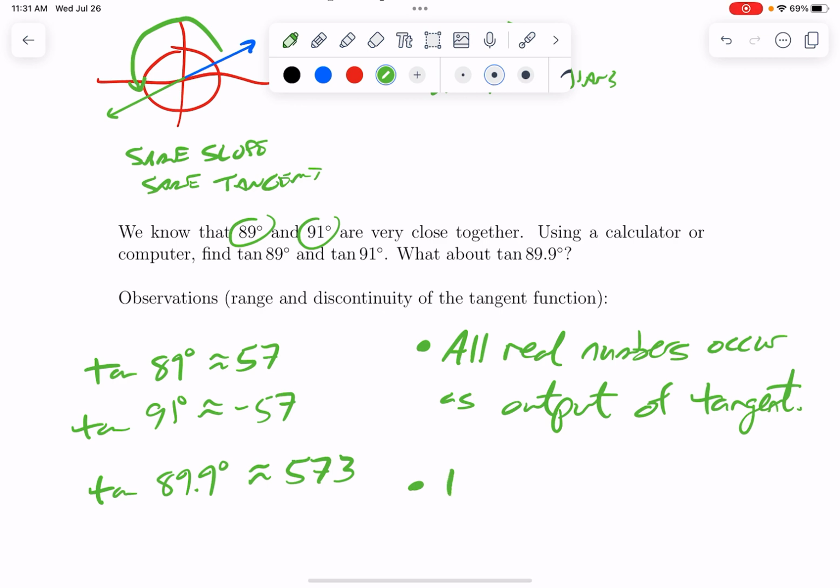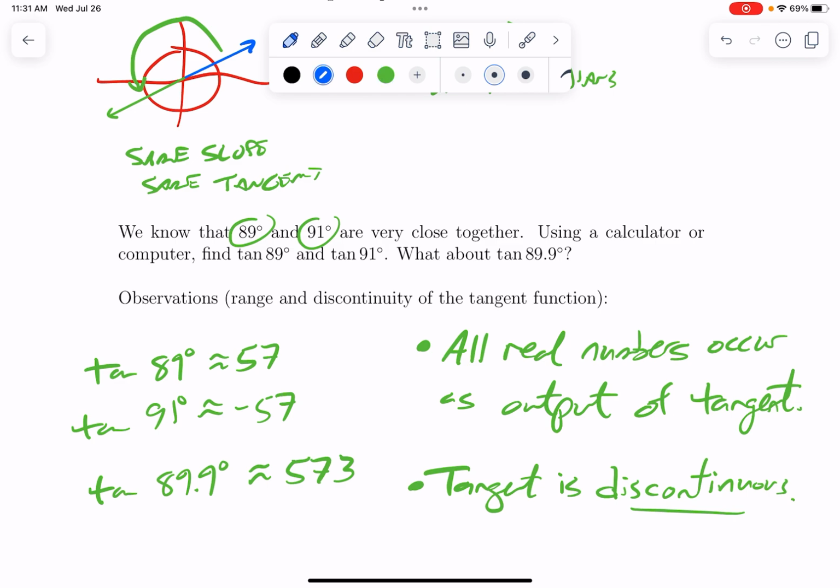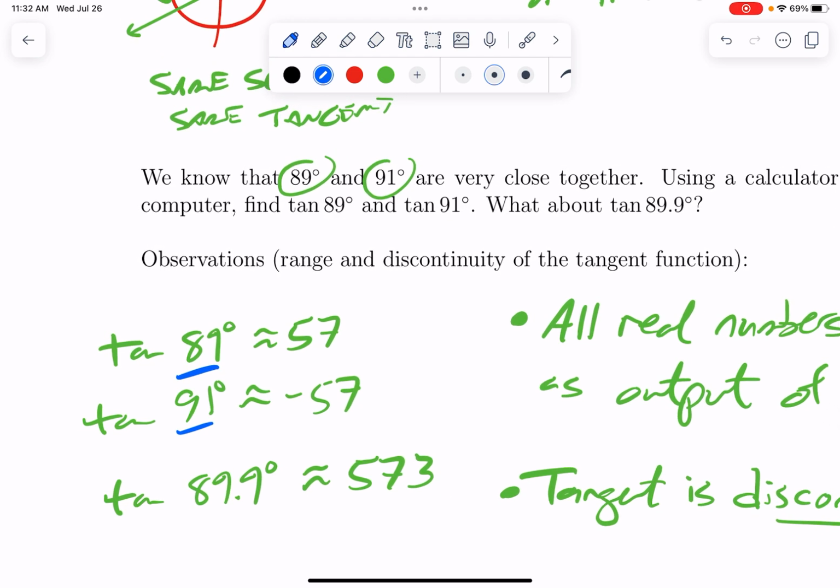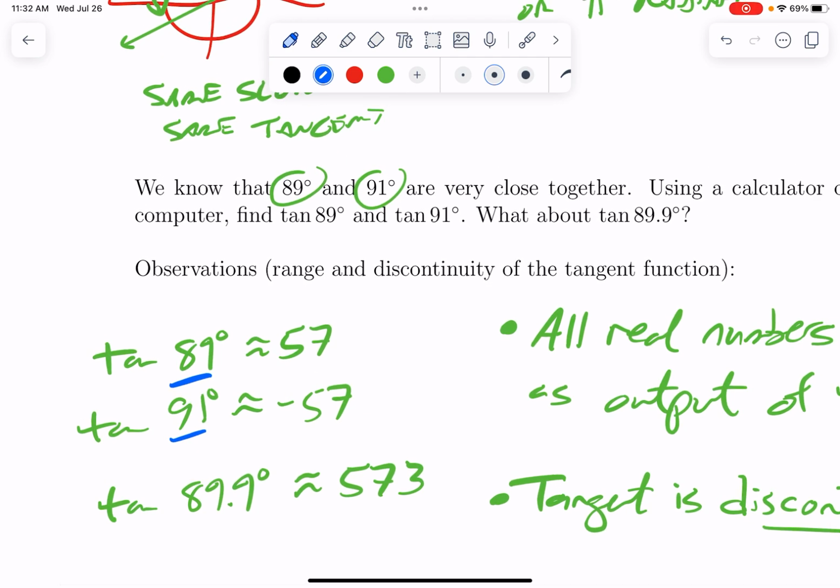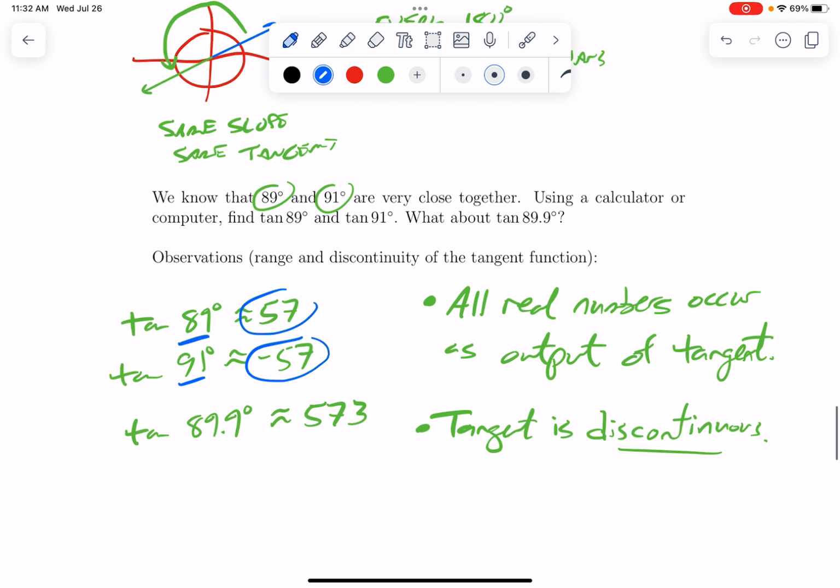But tangent is what's called discontinuous. It has this unusual property that you don't see with most functions, where the inputs are very close together. Right? 89 degrees and 91 degrees are very similar as angle measures, but the outputs are very different.